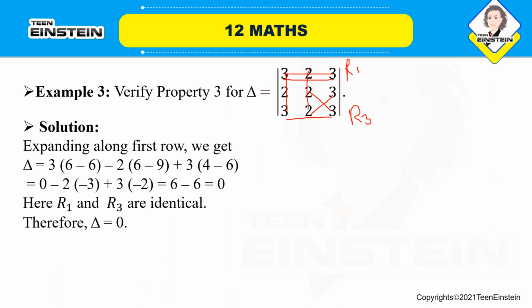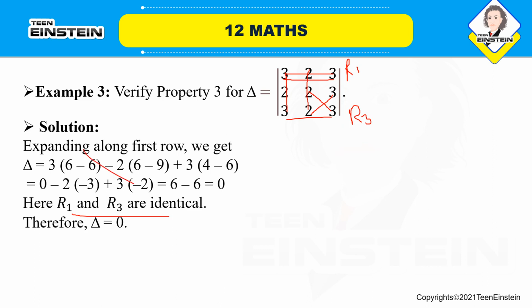In the next position we have the element 3. For this position you have positive sign. So this is 4 minus 6. On simplification we are getting 6 minus 6, so it is 0. This is because R1 and R3 are identical or same.